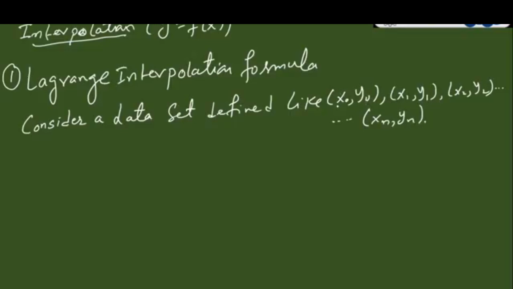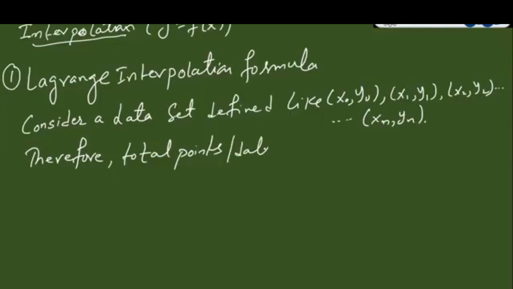So how many points are there? As we know, the labels start from x naught and end at n. Therefore, the total points, or data points, or data set, are n plus 1. Because the last index is n, but data starts from x naught.